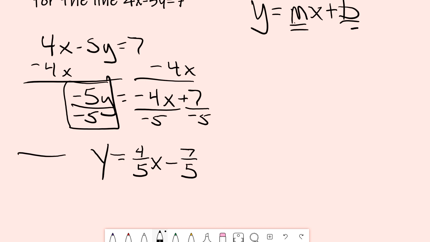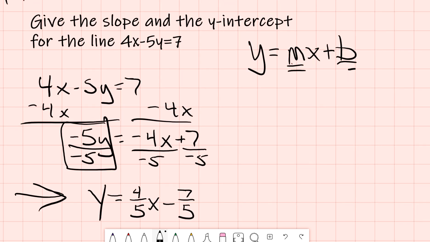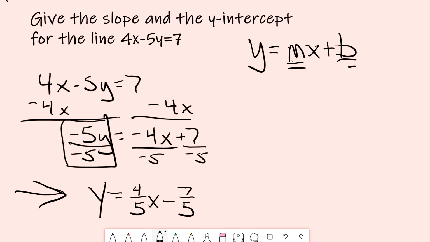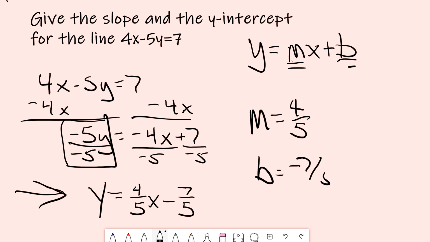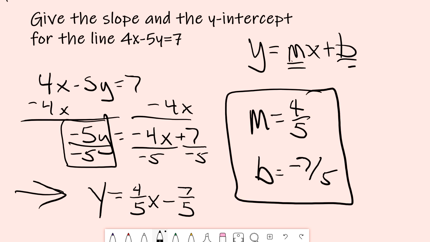Nevertheless, this is my equation in slope-intercept form. Now I can answer the question: give the slope and the y-intercept for the line 4x minus 5y equals 7. So I could say m equals 4 over 5 and b equals negative 7 over 5. Done.